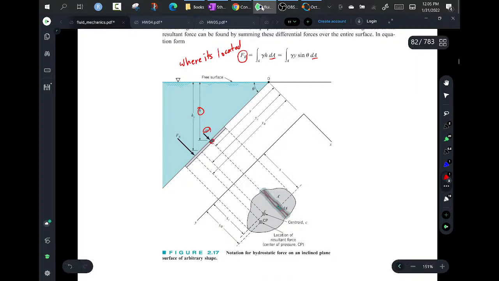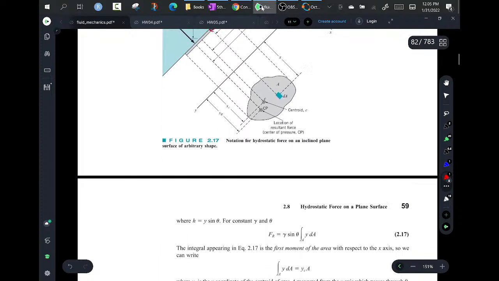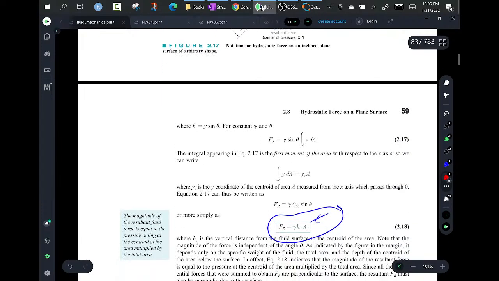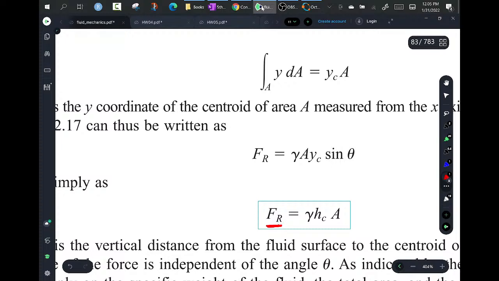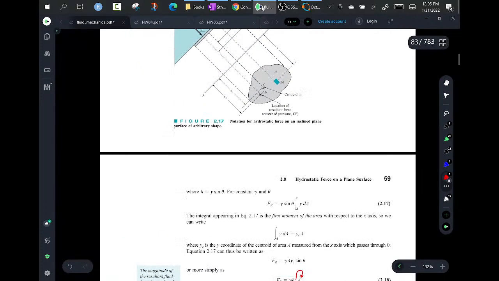Well, the end story is you carry through the integrations and you get this equation. What is this? This is the value of the resultant load, the gamma of the fluid, the height down to the centroid of that area. Okay, so let's take a look at that.